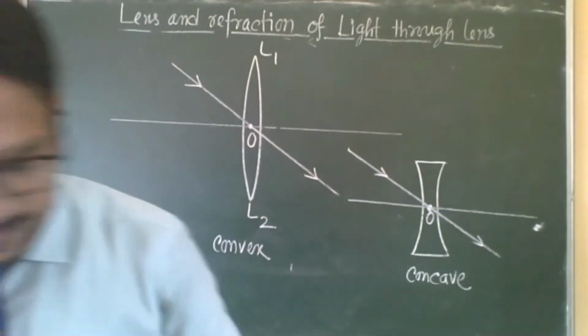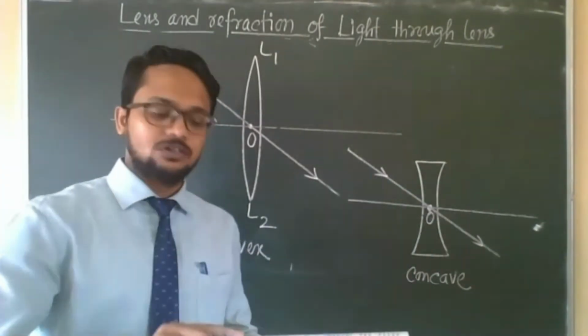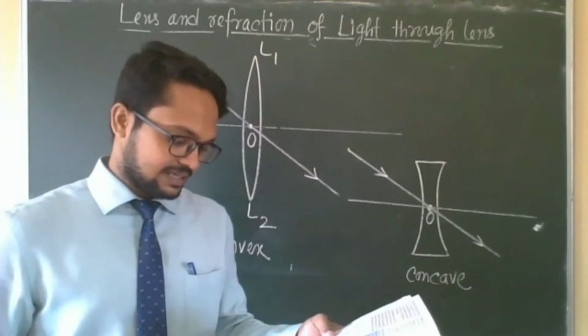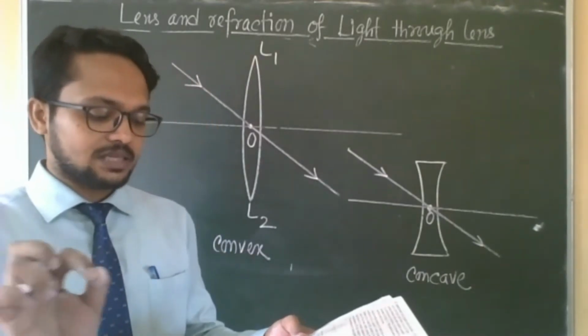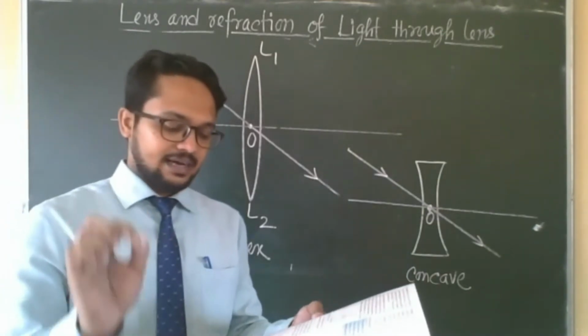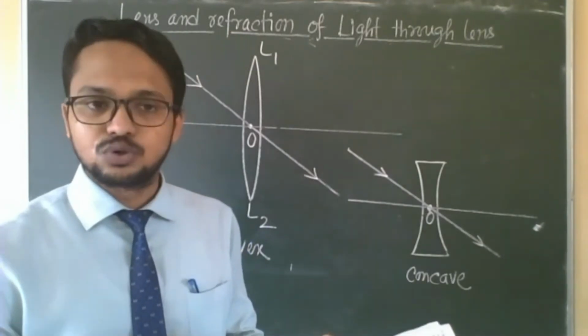So this definition for a thin lens is also written on page number 106, at the end of the first column, in the blue box. Just read it. The optical center of a thin lens is the point on the principal axis of the lens such that a ray of light directed towards it passes undeviated through it.